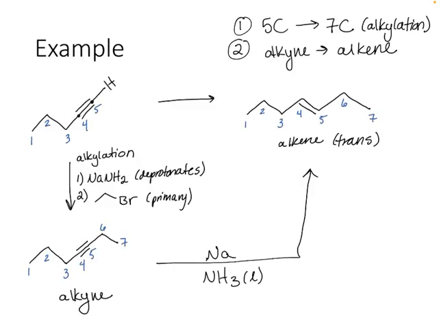Okay, now one thing that we've already talked about previously is retrosynthetic analysis. So let's do an example problem using this method. And remember, in this method, we work backwards. So we start from the product and kind of work our way back to the reactant.